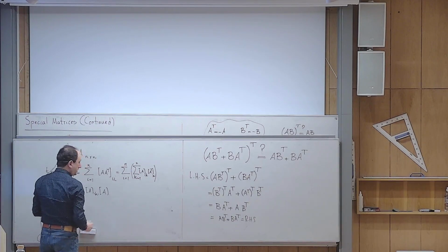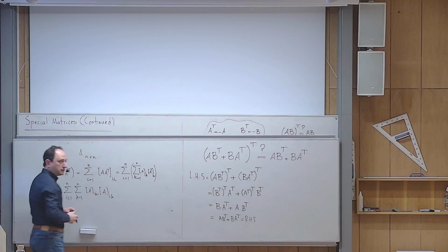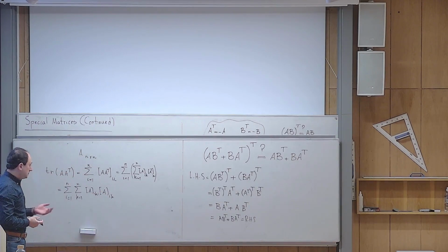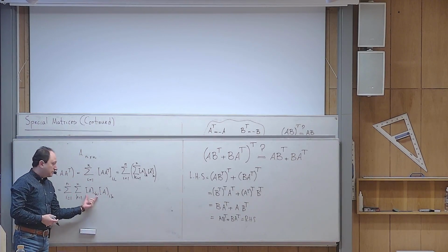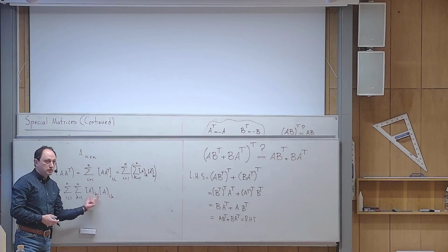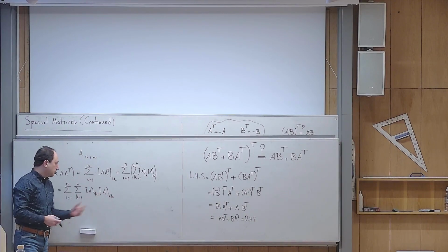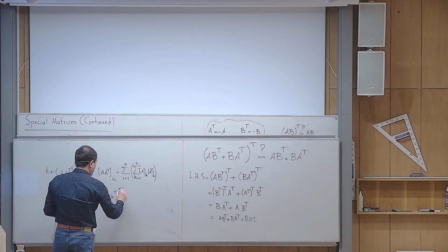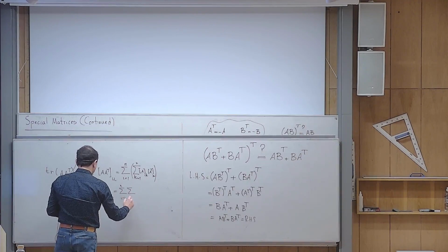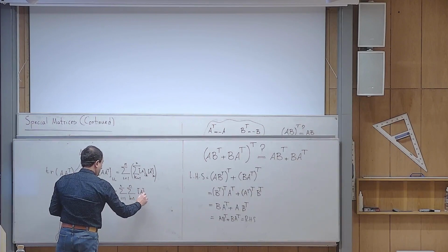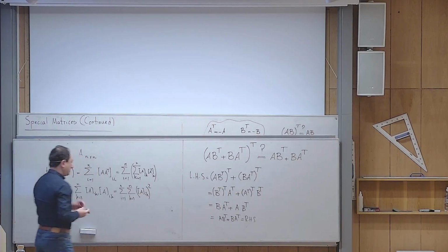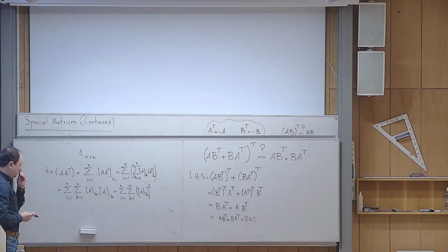Then if I switch i and k, it becomes a_ik again. But this is exactly the same number, so these two numbers are multiplied. If I multiply them, it becomes sigma i goes from 1 to n, sigma k goes from 1 to n, and then a_ik to the power of 2. So that is actually done, yes?